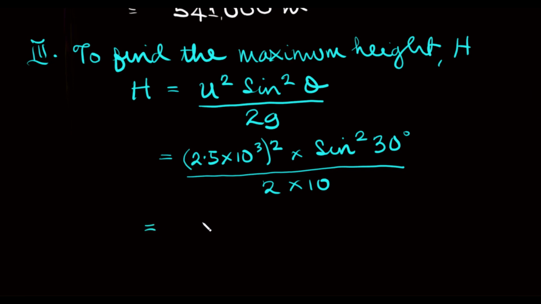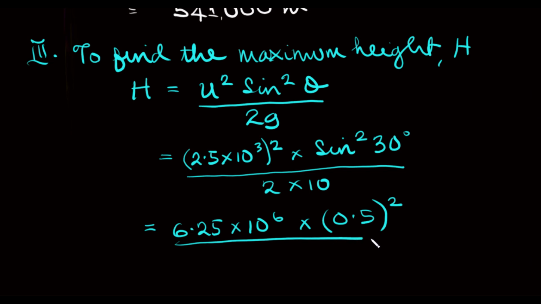So this is 6.25 times 10 raised to the power 6 times 0.5 all squared. Remember, sine squared theta is the same thing as sine theta times sine theta. So sine squared 30 degrees is the same as saying sine 30 degrees times sine 30 degrees.